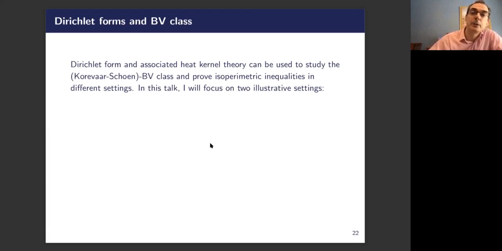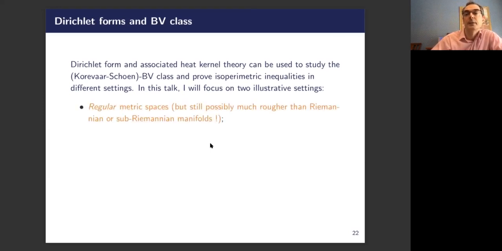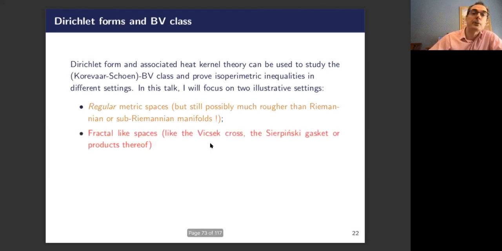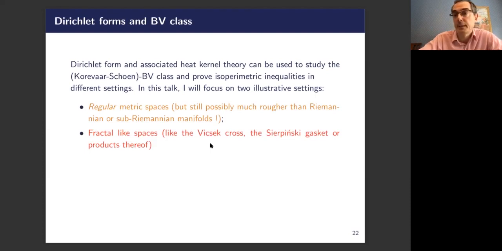So I want to illustrate the deep connection between BV functions and Dirichlet forms in two settings. The first setting will be the setting of regular metric spaces, which for specialists are going to be spaces with upper gradient structure. And the second setting will be the class of fractal-like spaces, which are spaces for which there is no upper gradient structure.